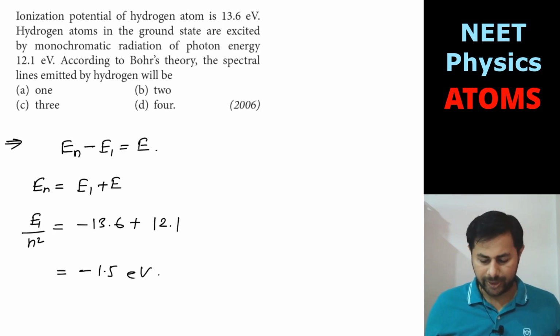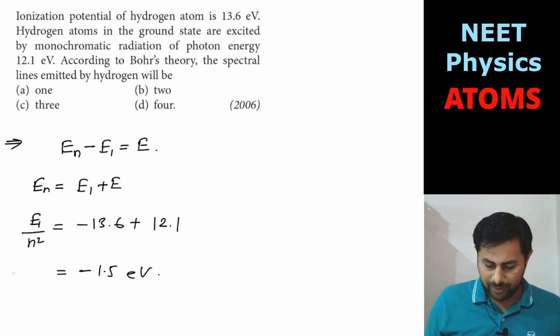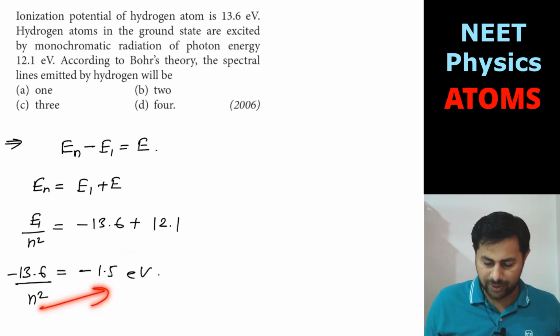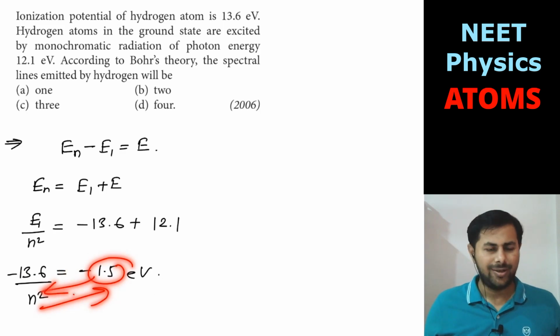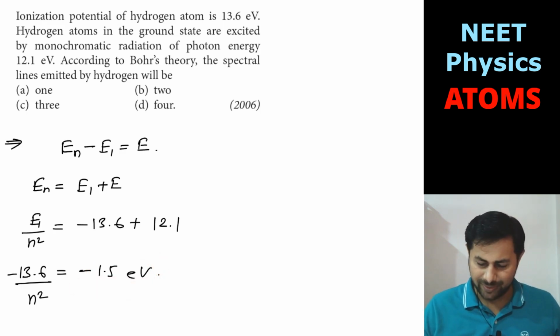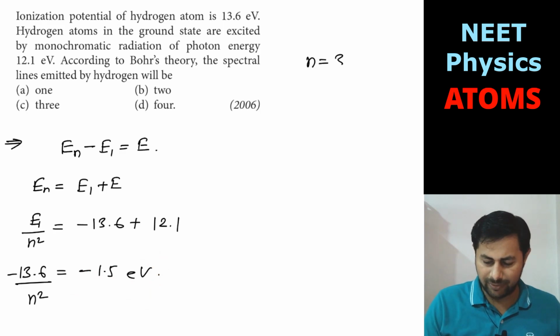So this is the third orbit. You can check that by doing minus 13.6 divided by n square equal to minus 1.5. Take n square on this side, 1.5 on this side, and dividing 13.6 by 1.5 will give you 9. But it's better to remember, as I said, the first 4 energy levels. So here n is equal to 3.